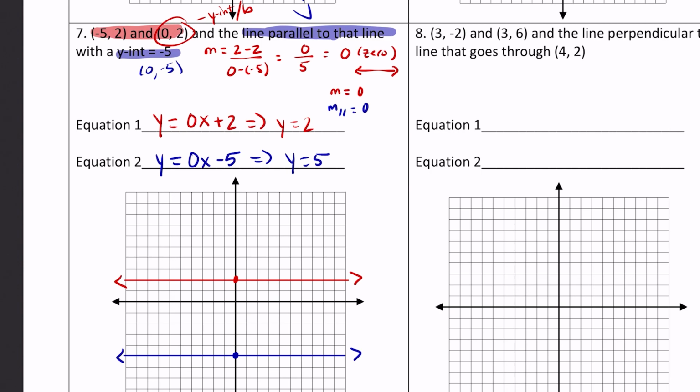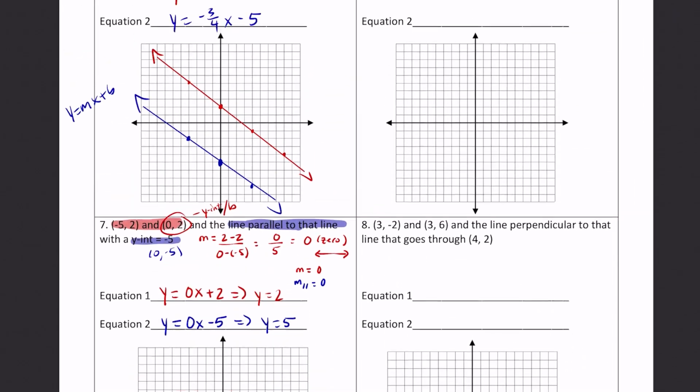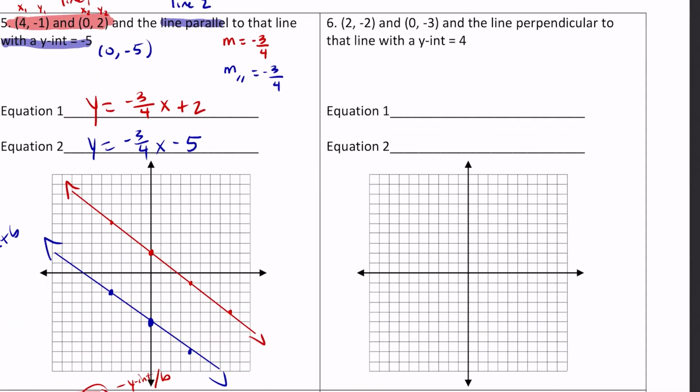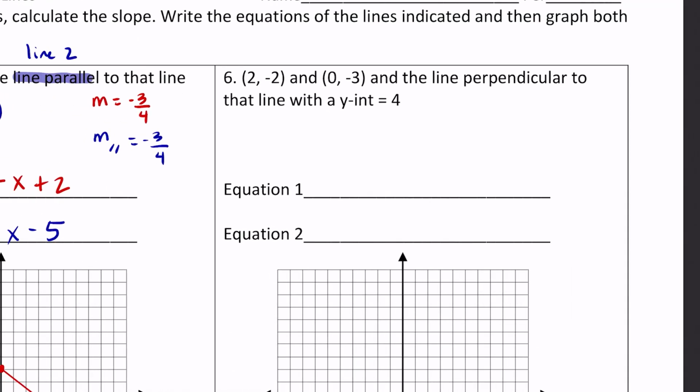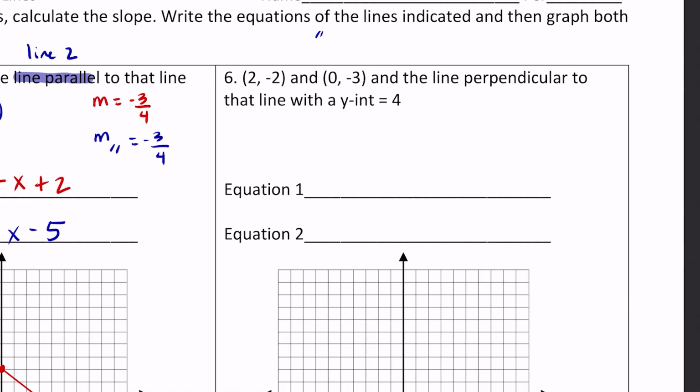All right. Let's go ahead and take a look at number 6. Perpendicular. Now, remember, perpendicular means opposite sign, flip the fraction. So we have a line that contains points 2, -2, and 0, -3, and the line perpendicular to that first line has a y-intercept of positive 4.